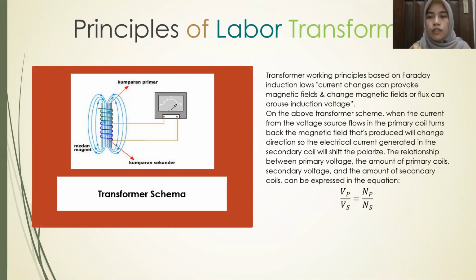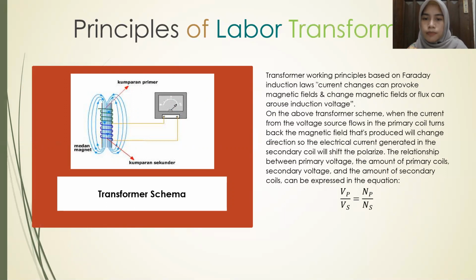On the above transformer, when the current from the voltage source flows in the primary coils, the magnetic fields that are produced will change direction, so the electrical current generated in the secondary coil will shift the polarity.